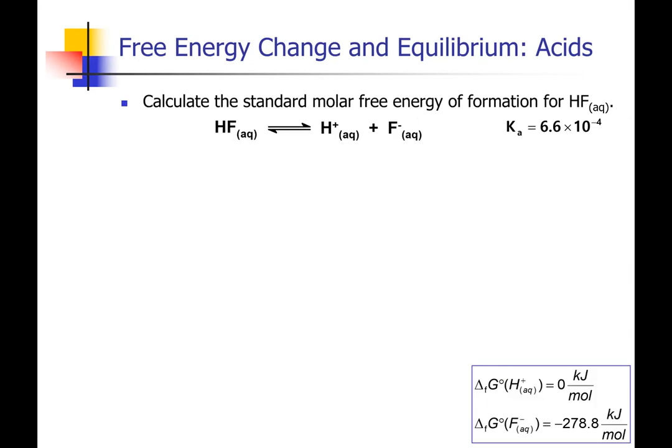But all that said, this is still just straightforward thermodynamics, and we can still work with our equation map. There's nothing special about the fact that we're talking about an acid, not in terms of the math. So we've been given an equation that is balanced. We've been given an equilibrium constant. We're being asked to calculate a free energy of formation of our reactant in this case, and we've been given some other standard free energy of formation values as well.